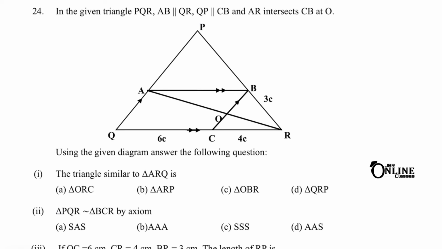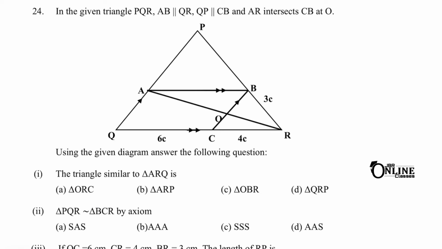Now the next one, sum number 24. In the given triangle PQR, AB is parallel to QR, and QP is parallel to CB. AR intersects CB at point O. So first, the triangle similar to ARQ.